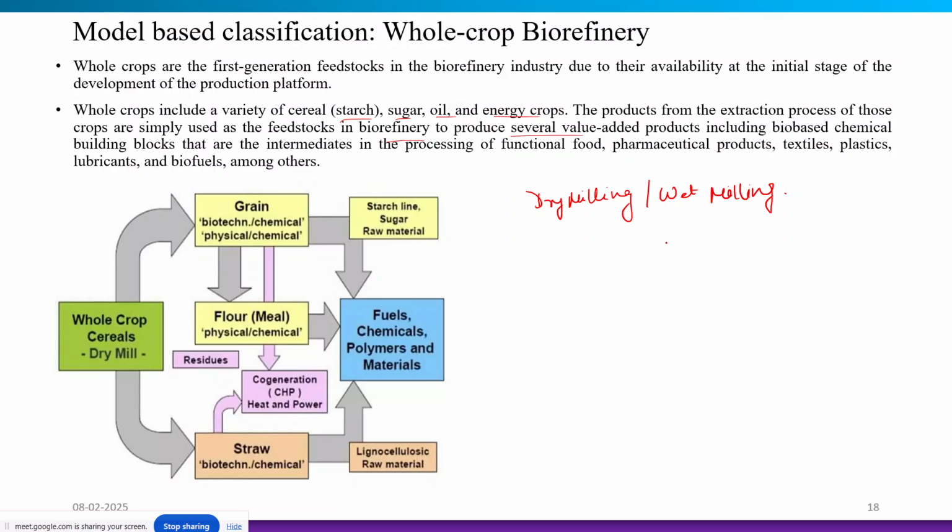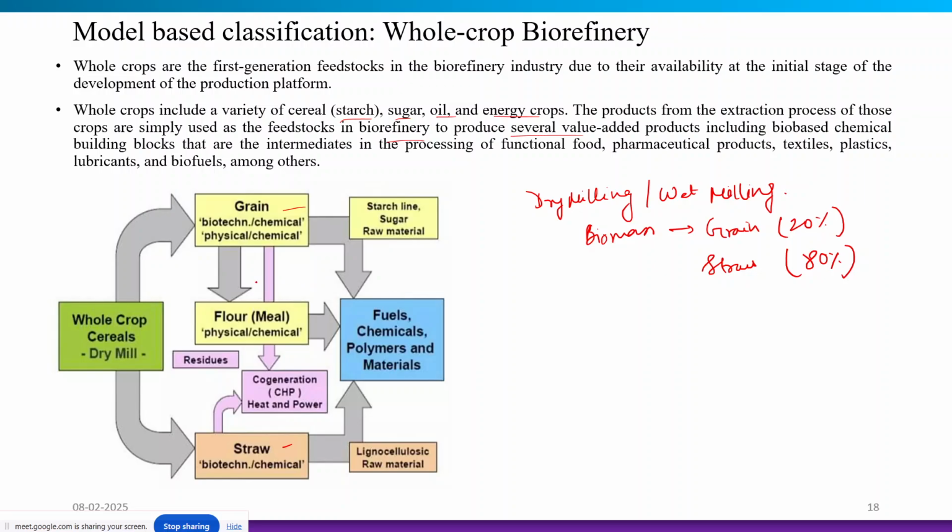These milling processes are used for mechanical separation of the biomass, and by this process the biomass is separated into grain and straw fraction. Suppose 20% is grain fraction and the straw fraction is the rest 80%, and these are further converted into different products, right?